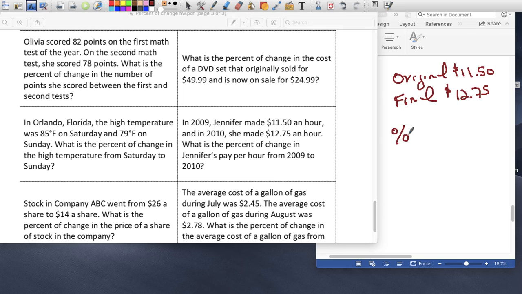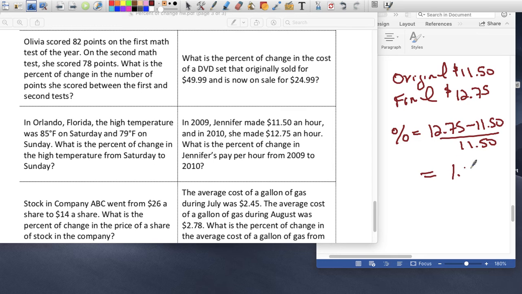So the percent of change is final, 12.75 minus 11.50, over 11.50. 12.75 minus 11.50 is going to be $1.25.